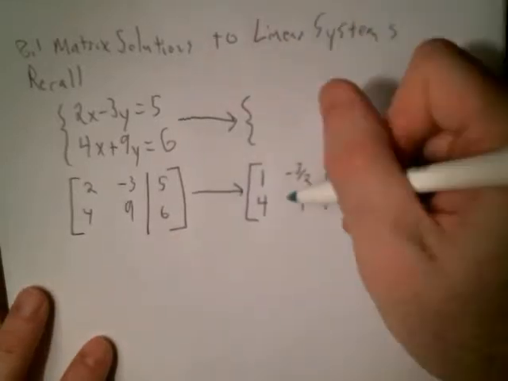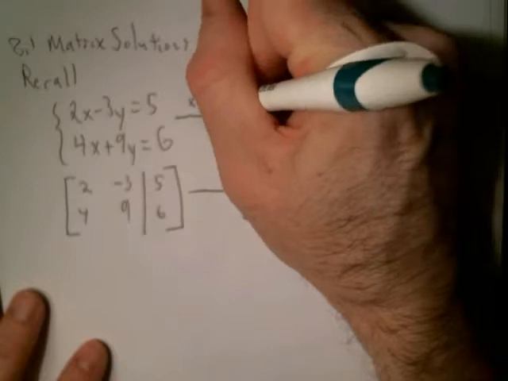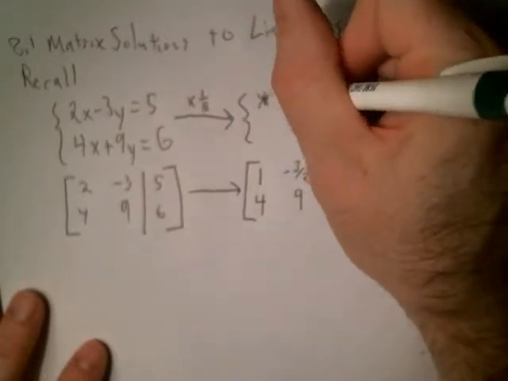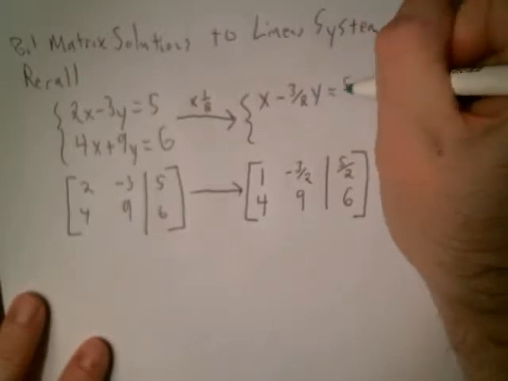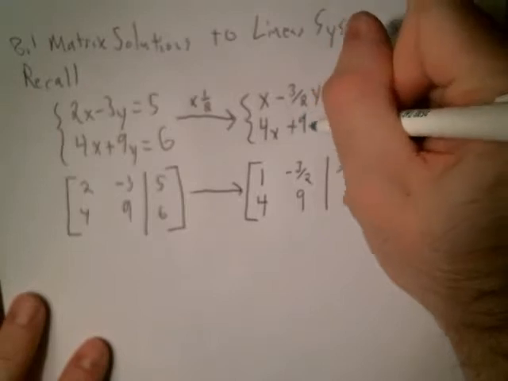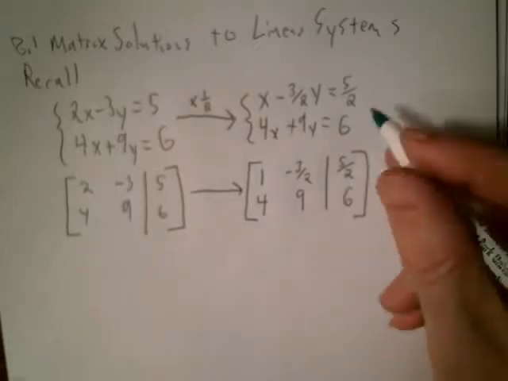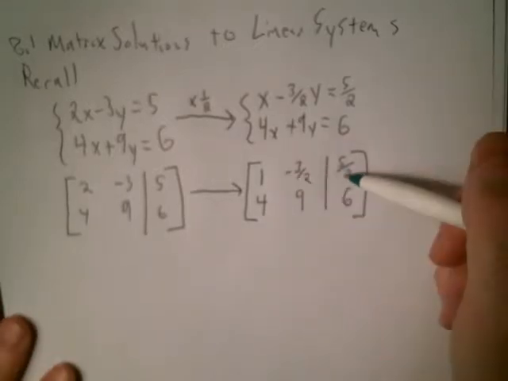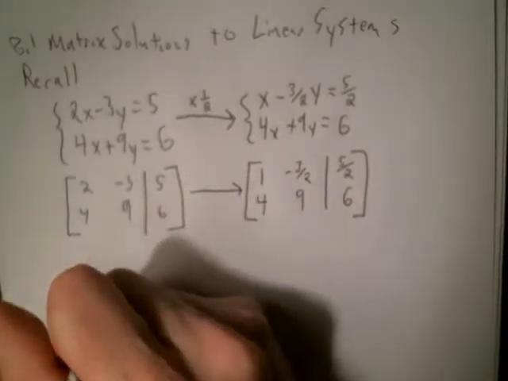Okay, so you can think of what we just did as multiplying the first equation by 1/2. And you would get x minus 3 halves y equals 5 halves, and then down here we keep it the same, 4x plus 9y equals 6. Okay, so now what I'm going to do is multiply this row by 4 and add it to this row.